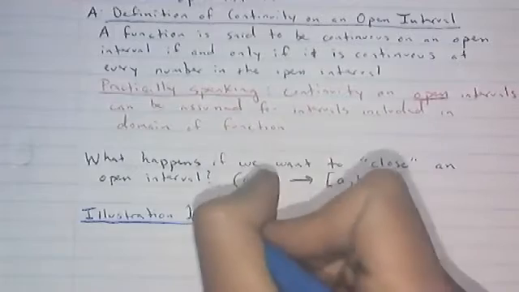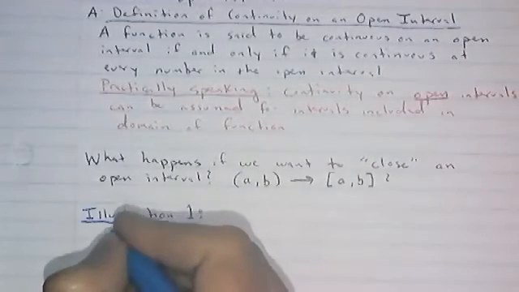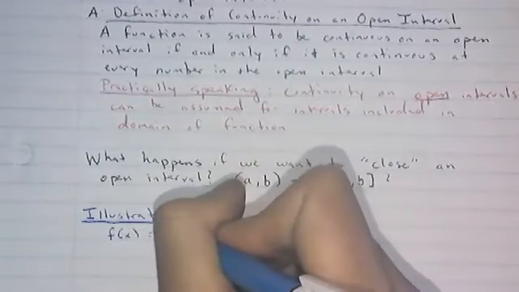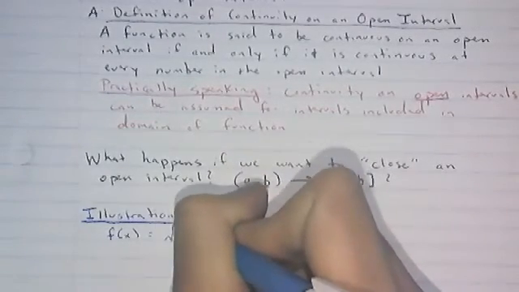Let's consider f of x is the square root of 4 minus x squared.